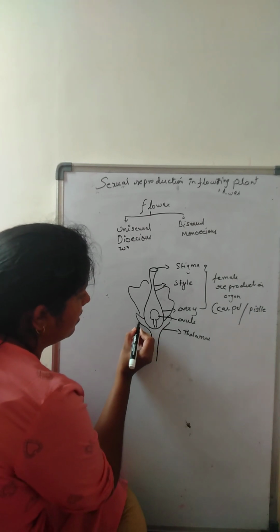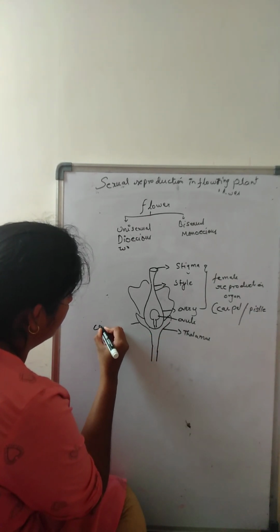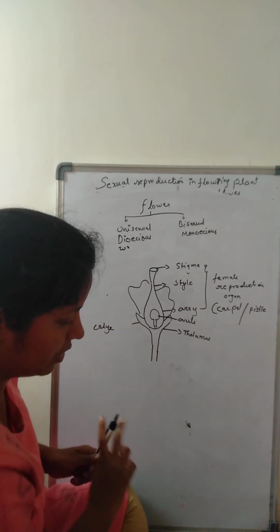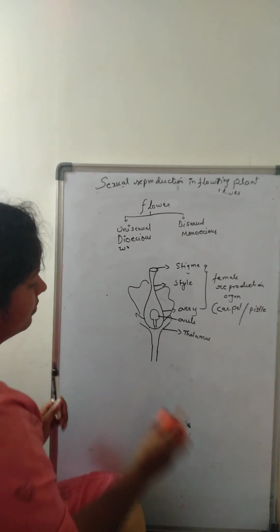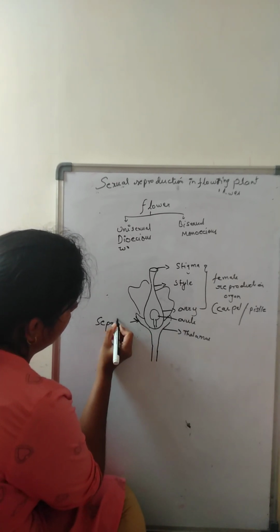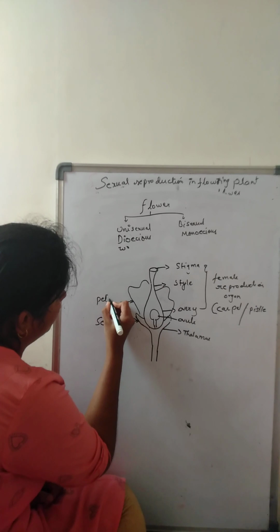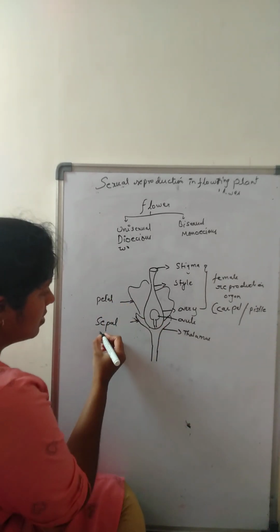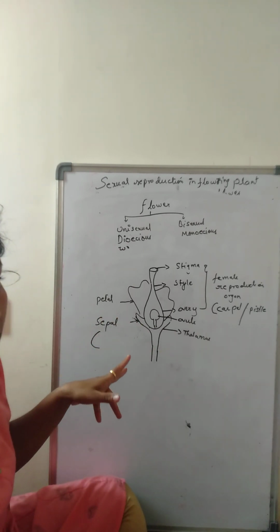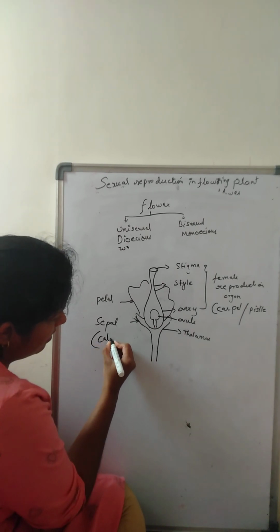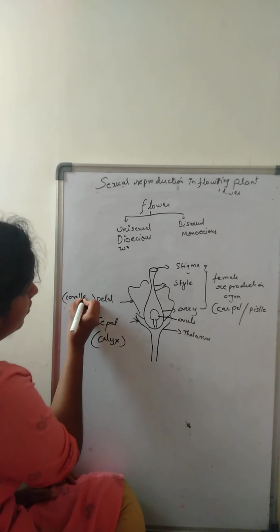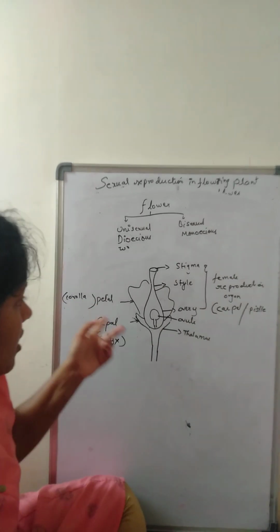Now you see, this is a calyx. This is a sepal. This is a petal. See, now a group of sepals is known as a calyx. Okay. This one is known as corolla. When a group of petals is present, it is known as a corolla.